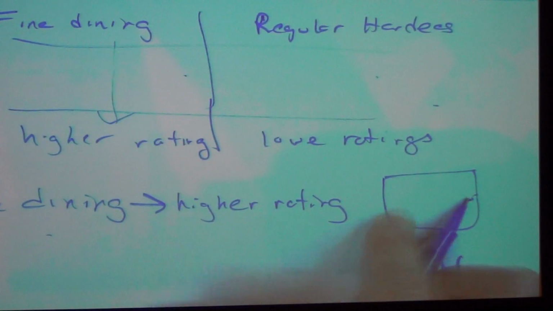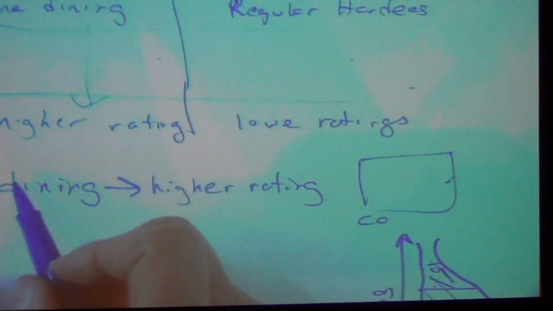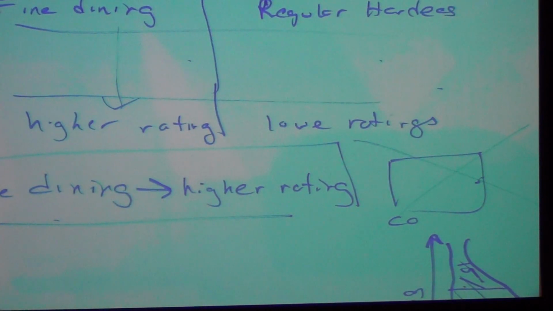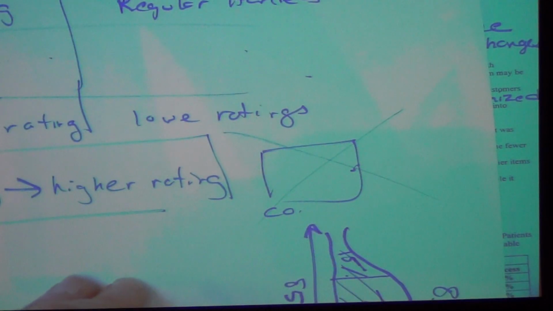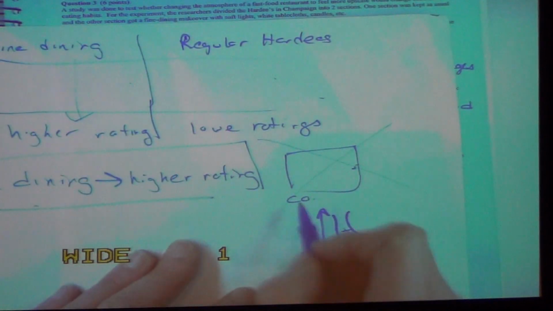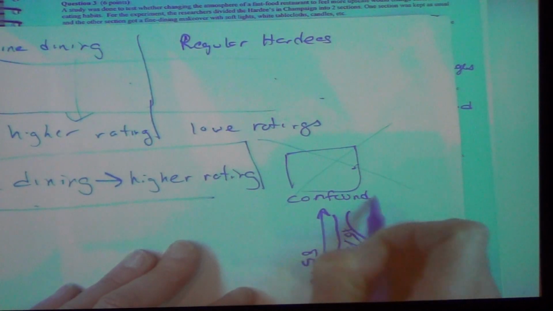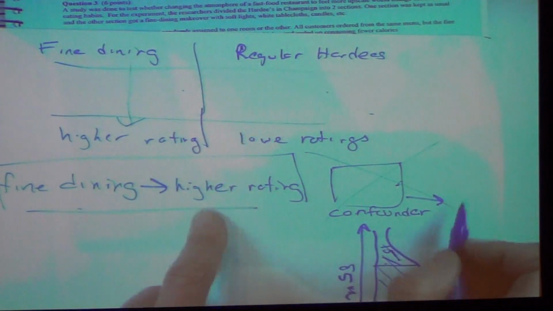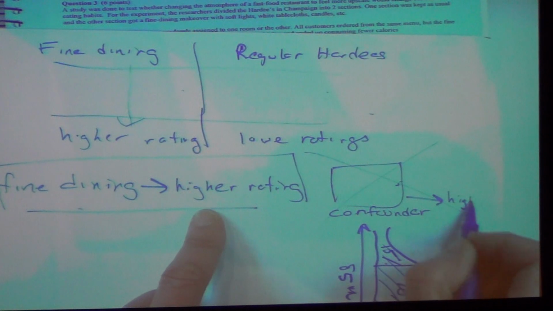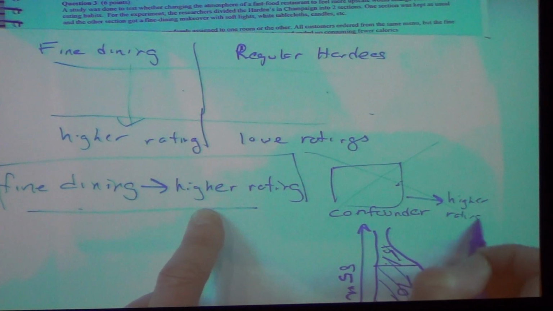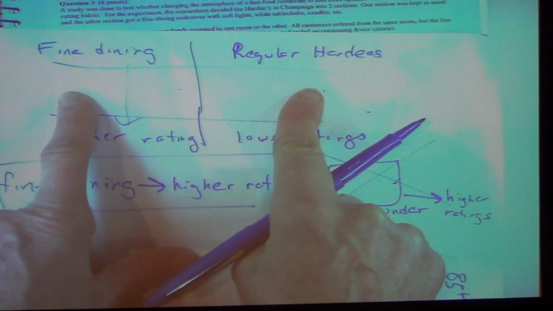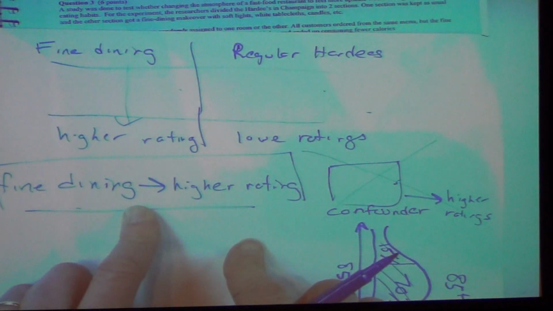If there was a confounder, this is the right answer. It's not this, because if there was a confounder, think about what we'd have to do. Let's pretend there was a confounder. Well, it would have to cause higher ratings, and it would have to be some difference between these two groups of people. That's not going to happen in a randomized study.